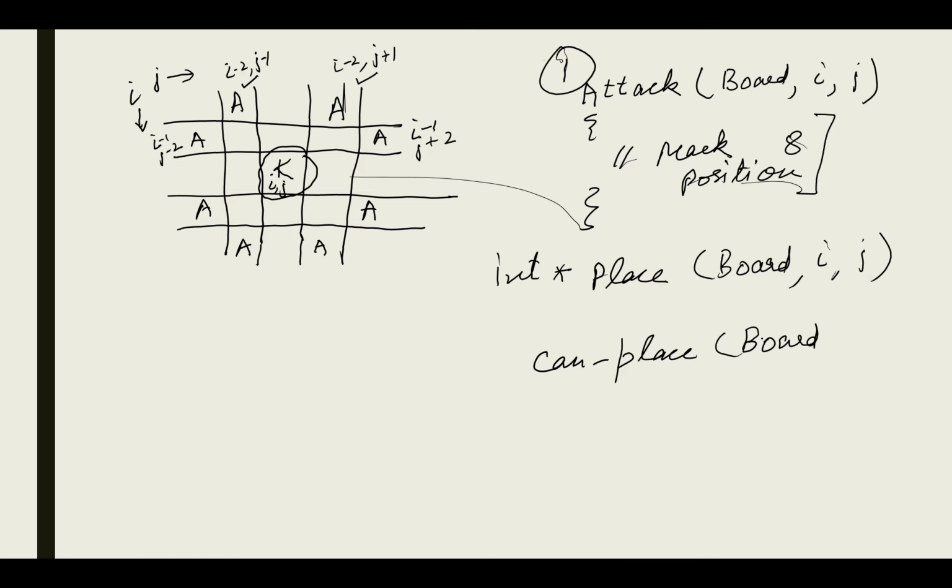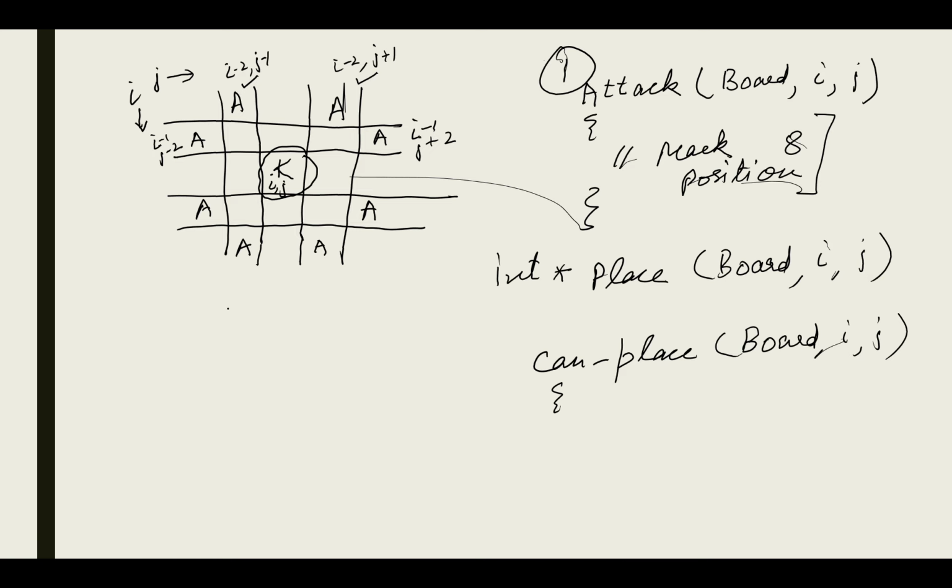Again you will pass the board and i and j. It is just a binary function, it will return 0 or 1. 0 means you cannot place, 1 means you can place. If you can place, then you place a knight. This function just checks whether the square is empty and it is not attacked.